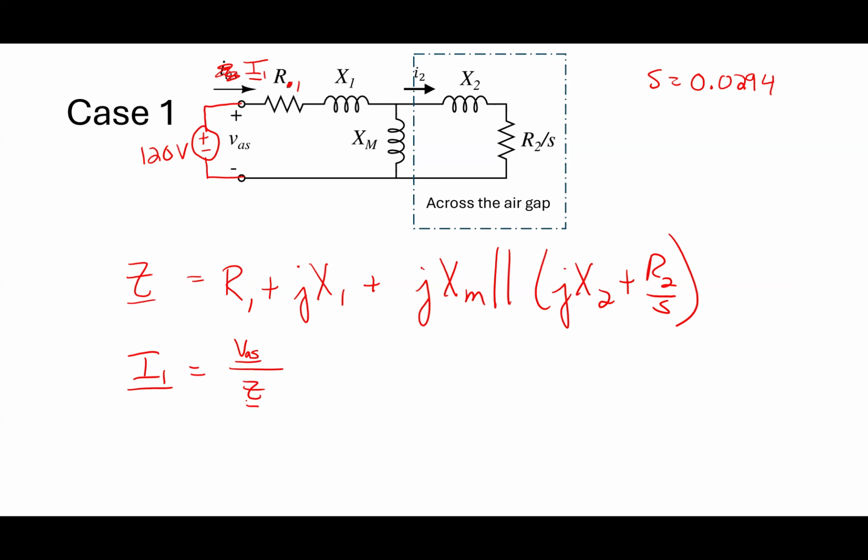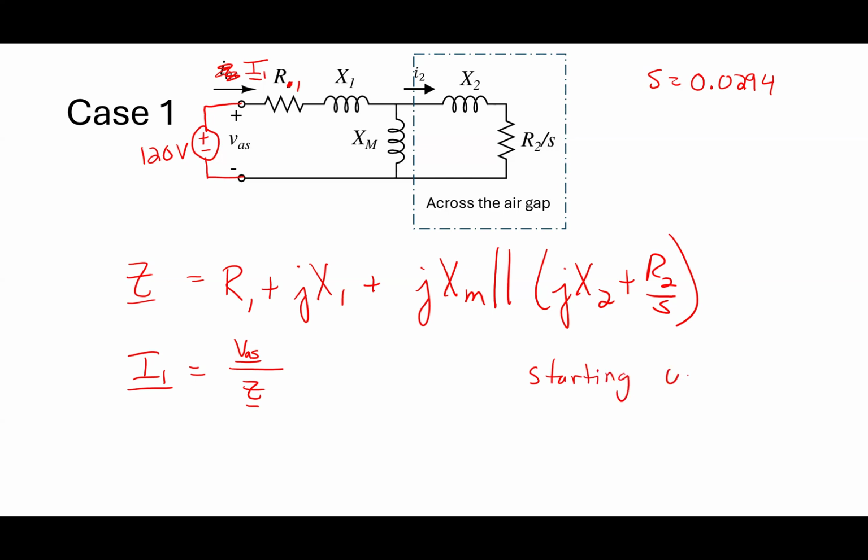Now, in something like problem 2, I ask you, at starting, what's the torque? What's the current? What's the slip at starting? At starting, the slip is equal to 1 because I'm 100% off from my synchronous speed, and this just becomes a circuit, with no R2 over S in it.